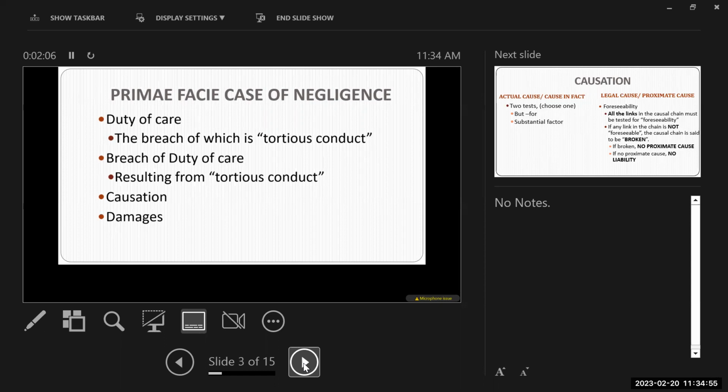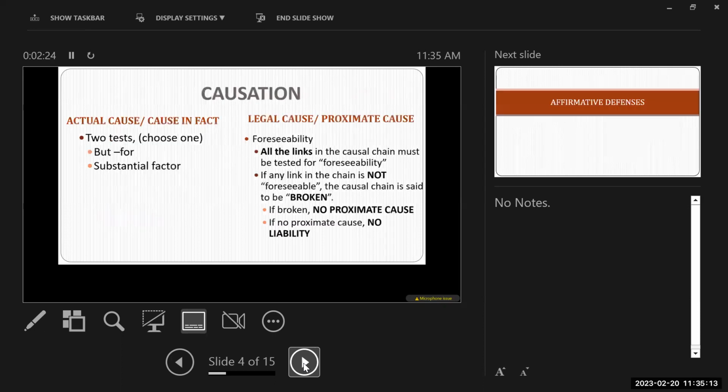Jack is injured, and Jack's injuries are the result of, or the injuries are caused by Jill's failure to act in accordance with the expectations. You have duty, you have breach of duty, you have causation, and you have damages.